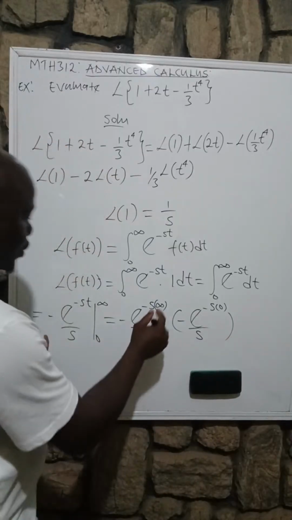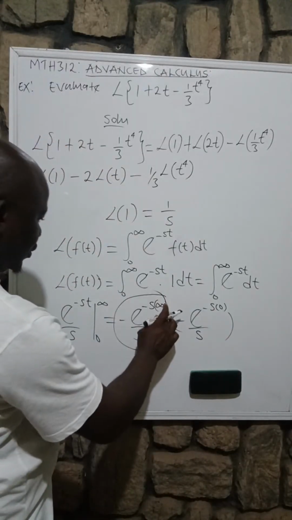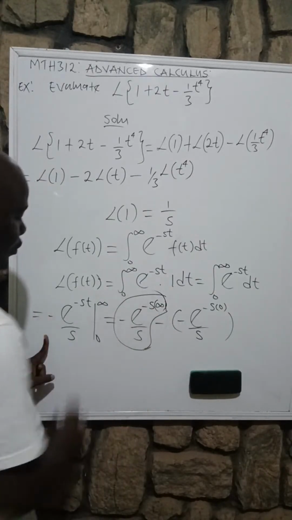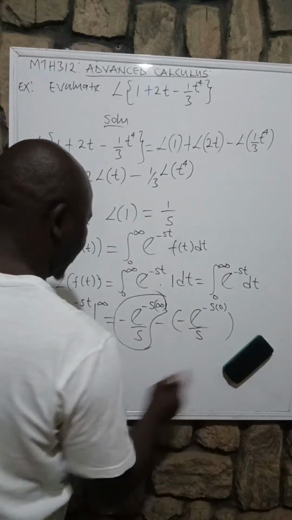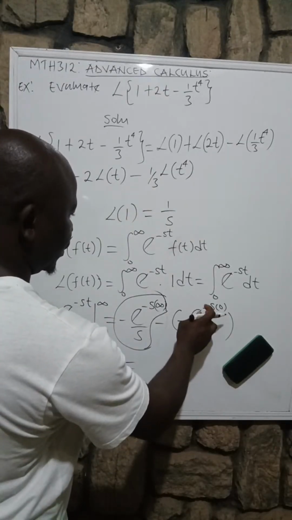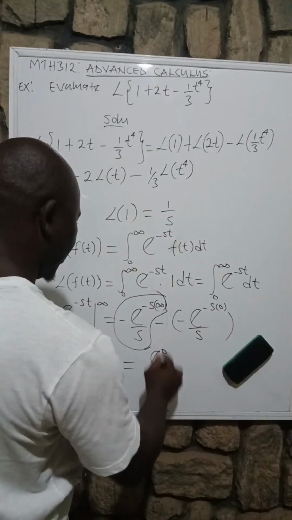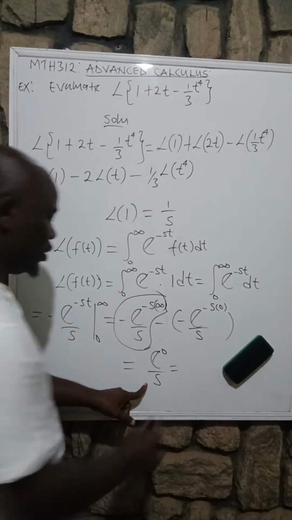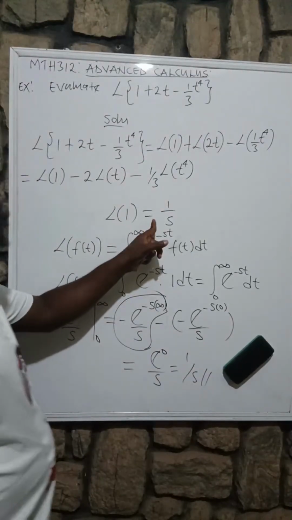The whole of the first part will be 0. Then minus times minus is plus. Then minus s times 0 is 0, so exponential 0 all over s, and anything raised to power 0 is 1, so we get 1 all over s. So can you see now?